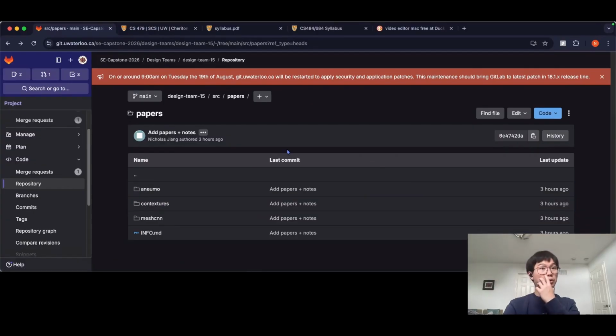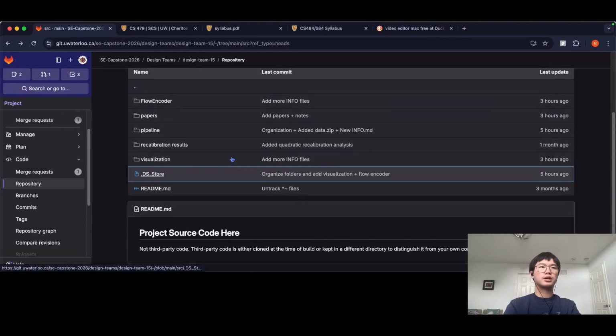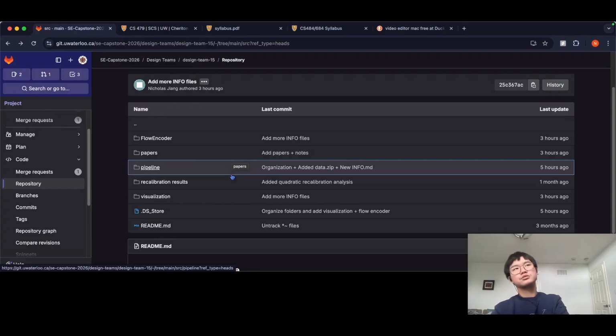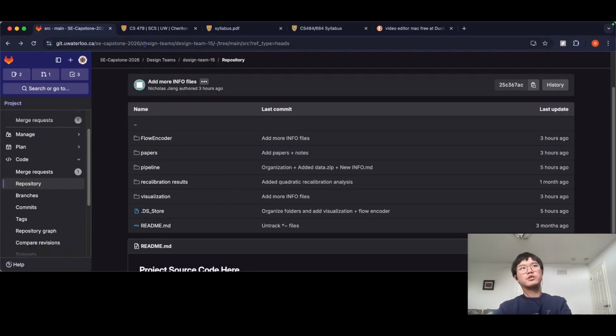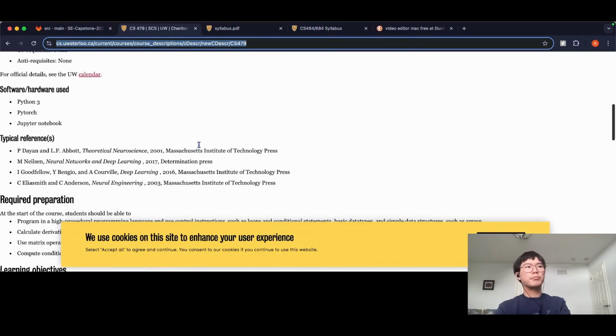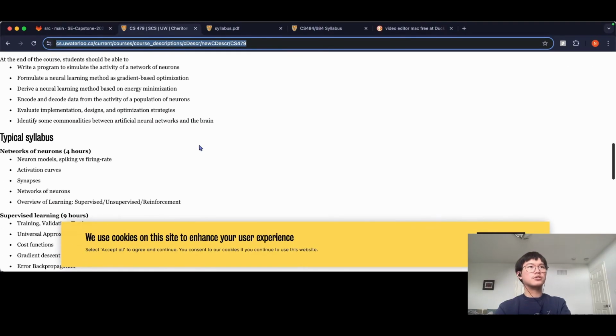Right. So now that I've gone over all of this, next step is to talk about the courses that influenced us or helped us throughout this course. One of them is CS479, which talks about neural networks. One of the most important things in neural networks was this idea of a deep neural network, right?